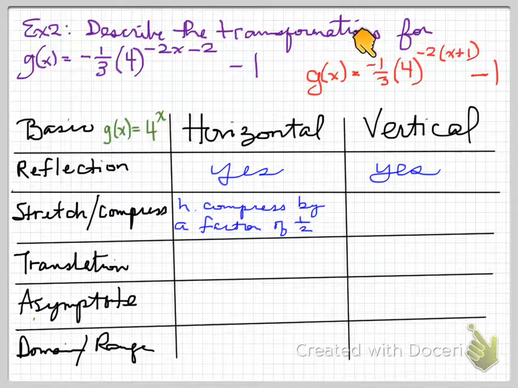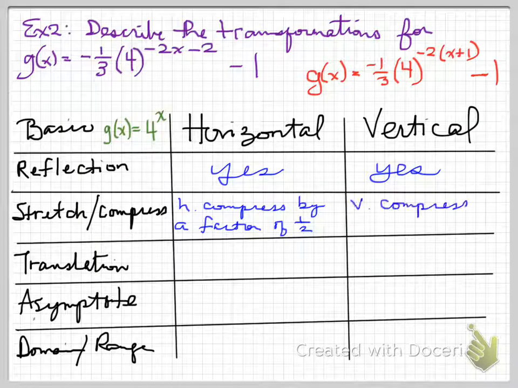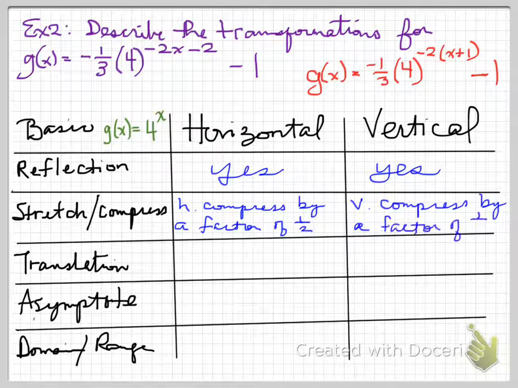Was there a vertical stretch or compress? Well, the A value is 1/3, just the number, not the sign. The number is 1/3. 1/3 means it's smaller than 1. That means it must have also compressed vertically. So vertically compressed by a factor of 1/3. And again, note, no signs are given, just numbers.